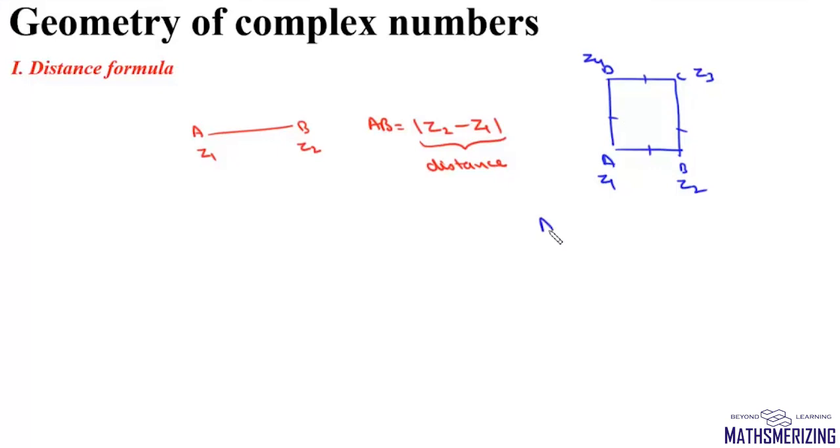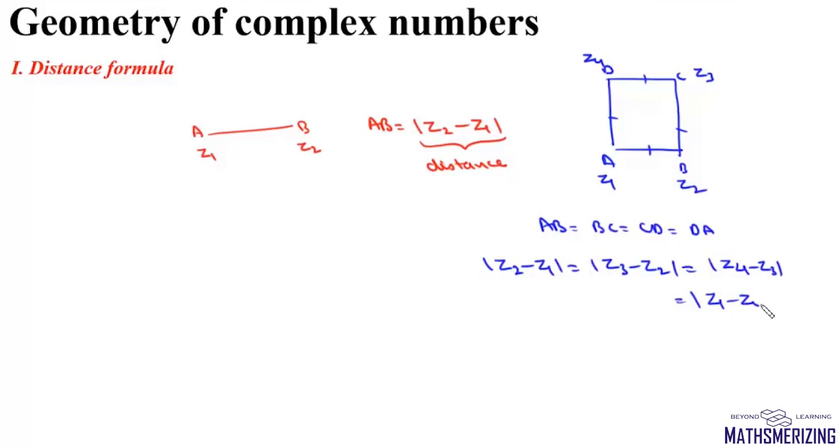That means AB is equal to BC is equal to CD and it is equal to DA. Now this AB is the distance between A and B. We can write this as mod of Z2 minus Z1. BC is mod of Z3 minus Z2. CD is mod of Z4 minus Z3 and DA is mod of Z1 minus Z4.